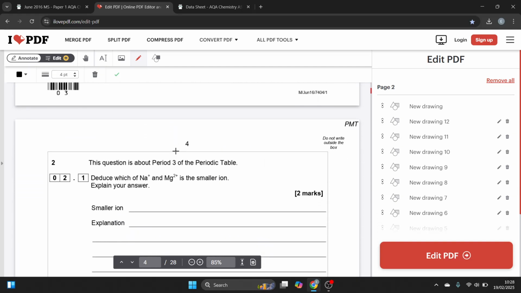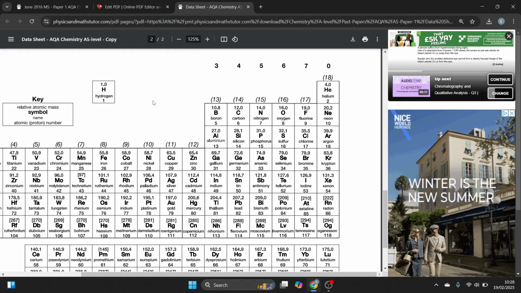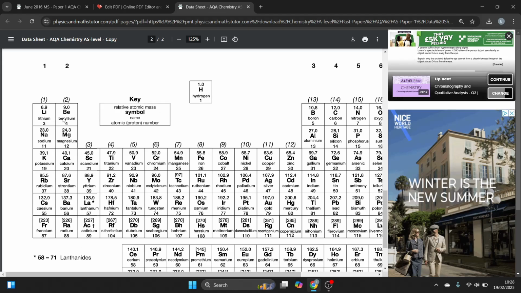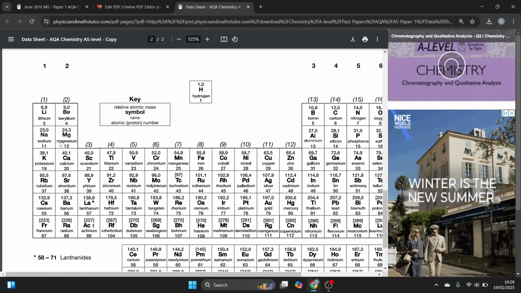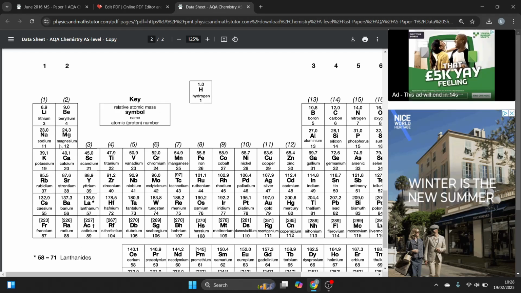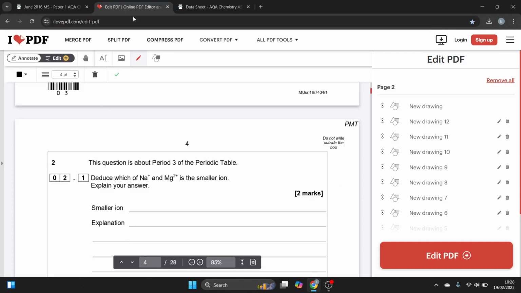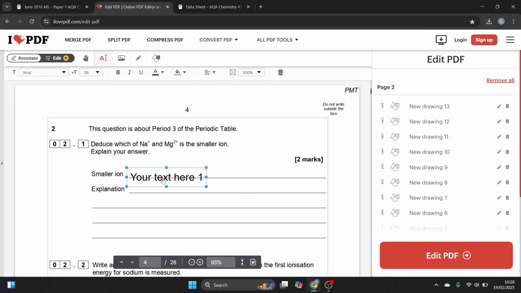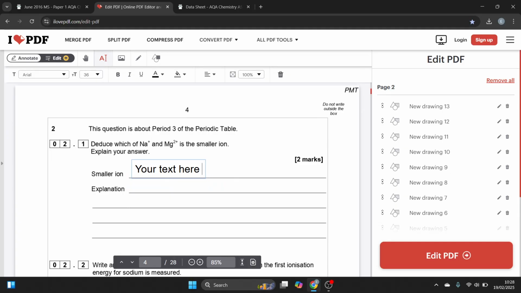Deduce which of Na+ and Mg2+ is the smaller ion. Now if you look at Na+ and Mg2+, sodium and magnesium, well, the smaller ion is going to be Mg2+.